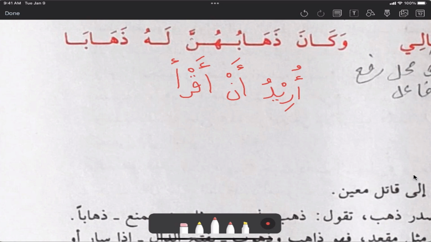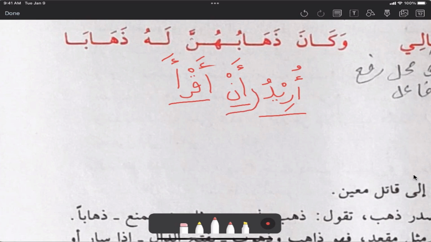This is going to come back, so you need to have this, inshallah. Uridu an aqra, I want to read. Uridu, I want. And aqra, read. But an is a harf masdari, like ma. It's a masdari particle. That means an with the verb after it together are like the masdar. They have the meaning of the masdar.